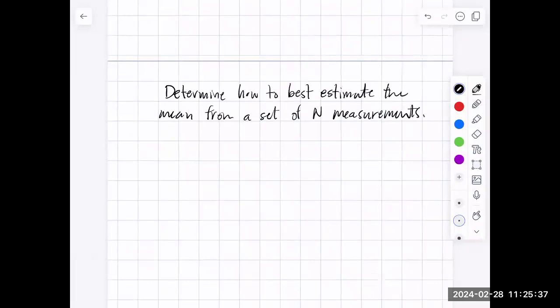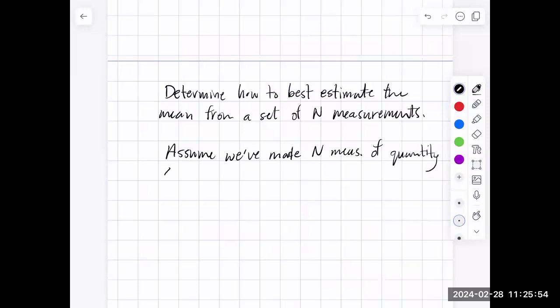Okay, so we're going to assume we've made n measurements of quantity x, and the data are Gaussian or normally distributed.